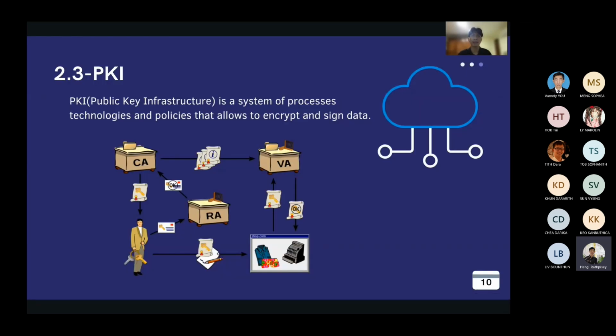Let's have a look at PKI. PKI is known as Public Key Infrastructure. It is a system of processes, technologies, and policies that allow us to encrypt and sign data. Furthermore, a PKI system is more secure than a password-based system because there is no shared knowledge of the secret, and the private key needs to be known in one place rather than two or more.